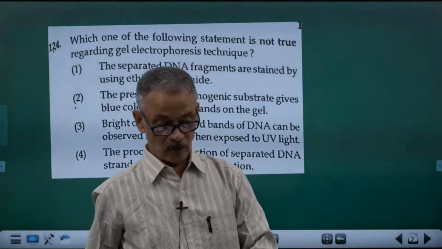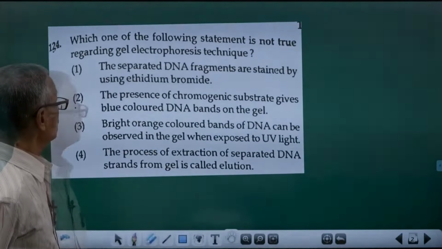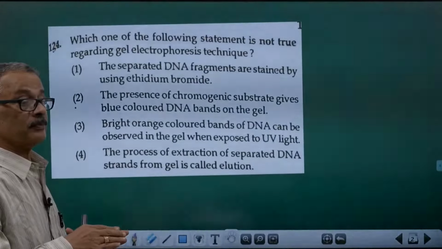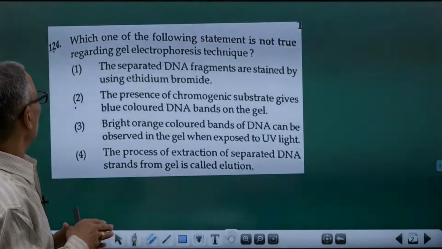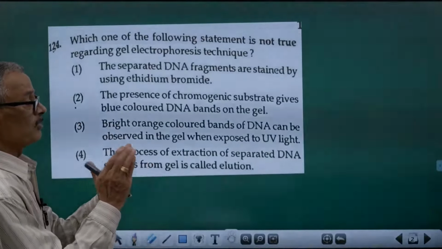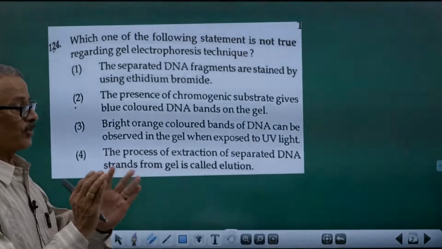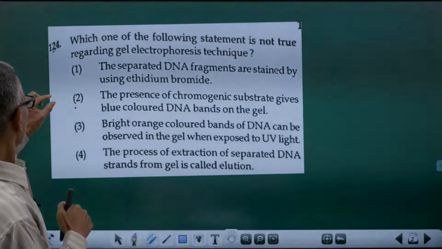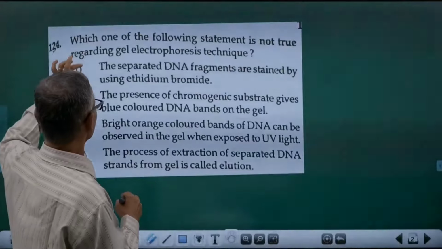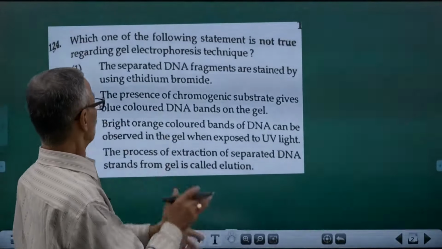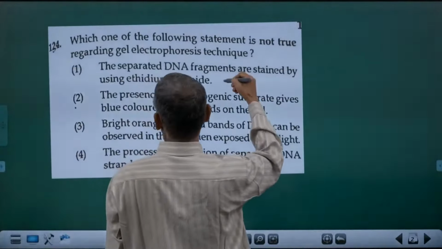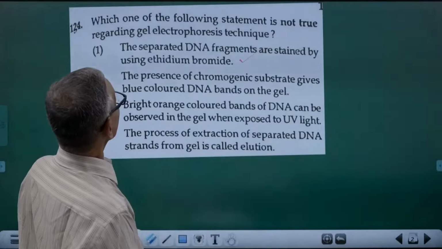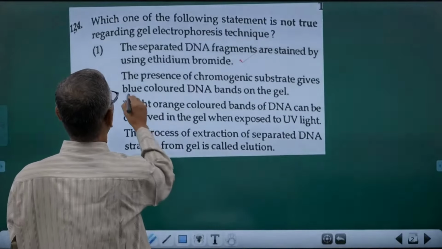Question number 124. Gel electrophoresis is used for separating molecules of DNA which are fragmented using an appropriate restriction enzyme. So, the presence of DNA can be visualized by staining with ethidium bromide, that is correct. Presence of chromogenic substrate gives blue color.